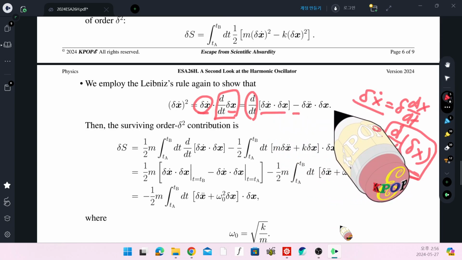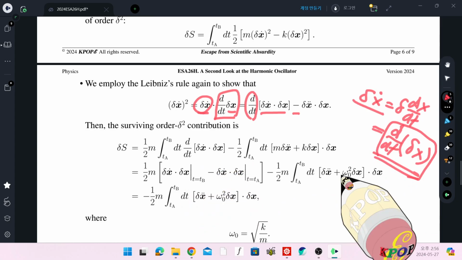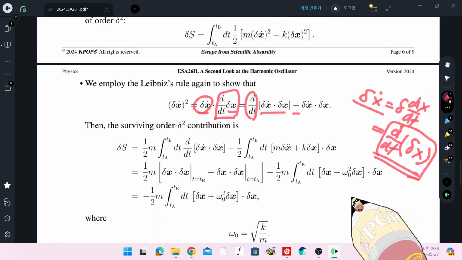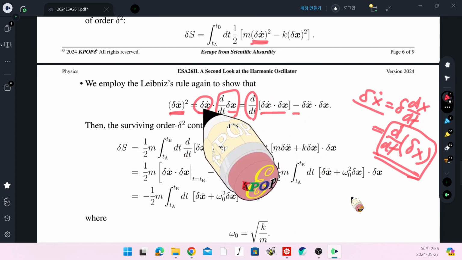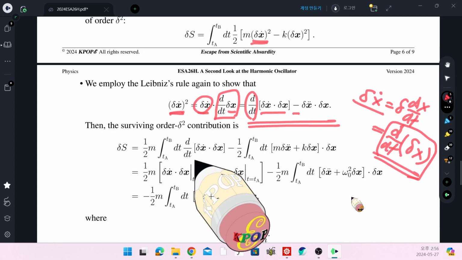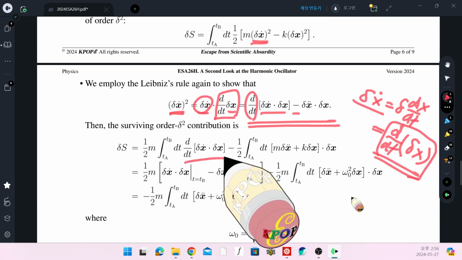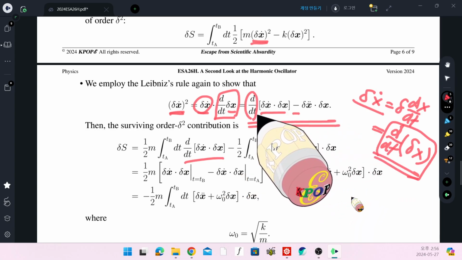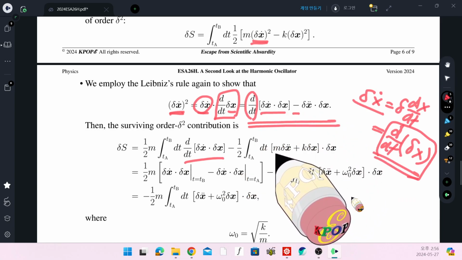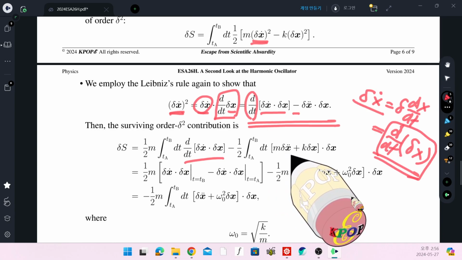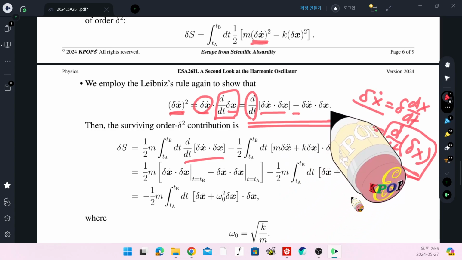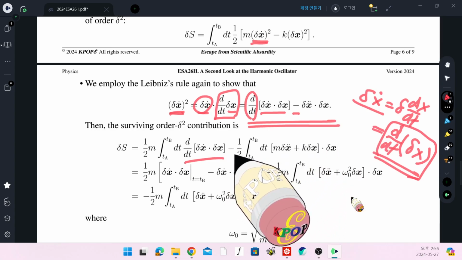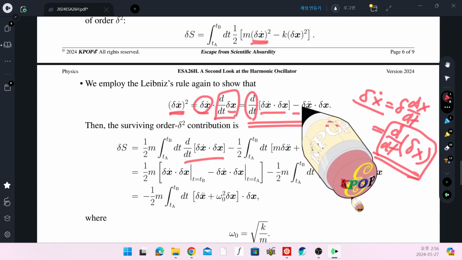All right. As a result, this contribution has been replaced with this, and then mass times the double derivative of delta x, and we have a negative sign because of this.